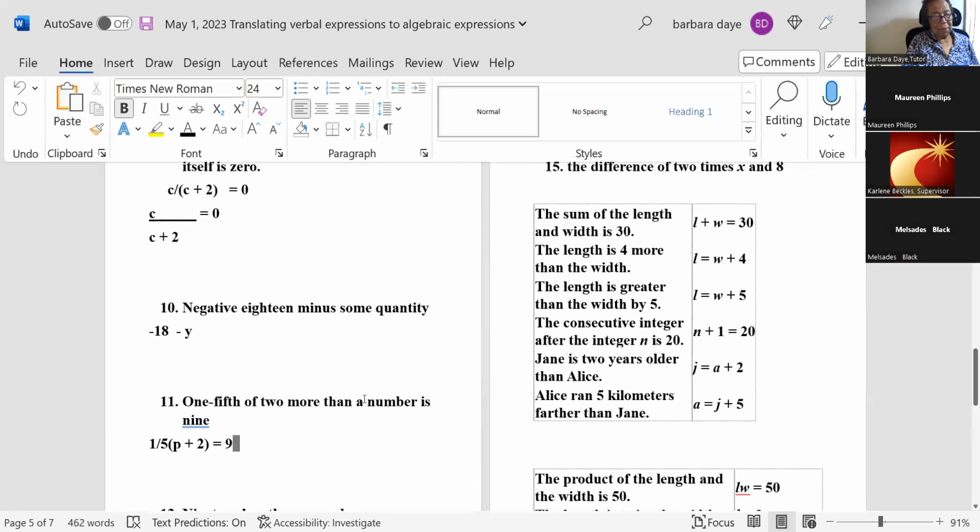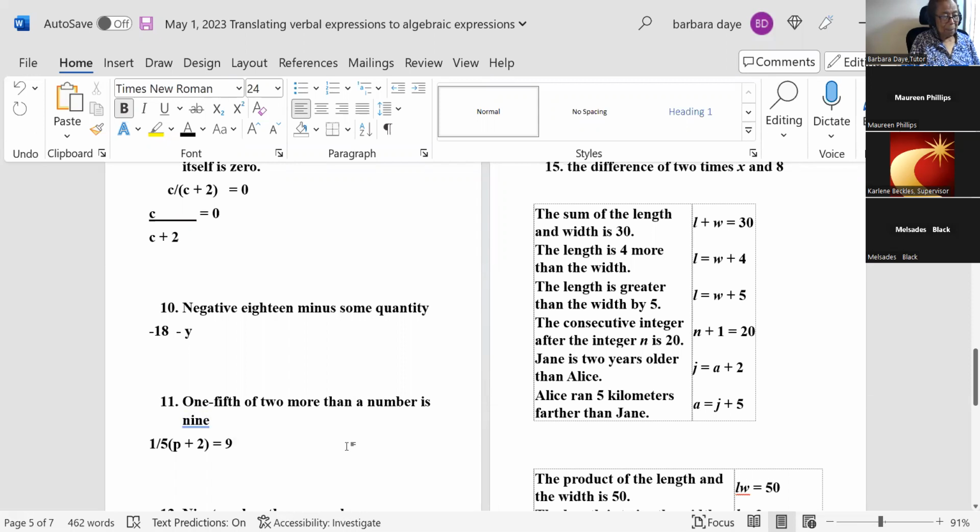When you see a number, a quantity, that means A to Z. You pick a variable, and Maureen picked P. More than means add, right? Two more than a number means to add two to a number. So the number she chose was P, and then she added the two.